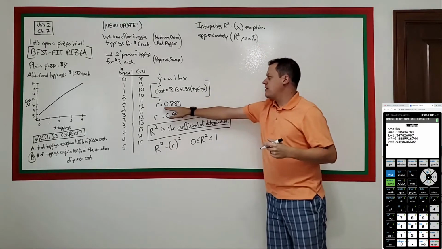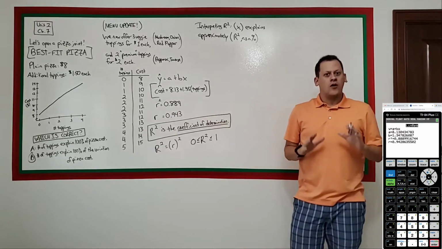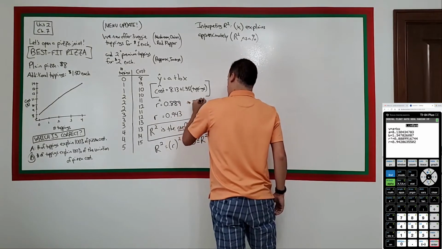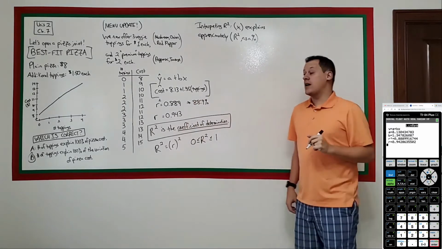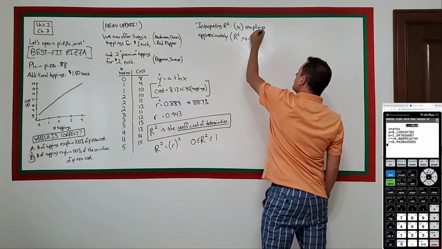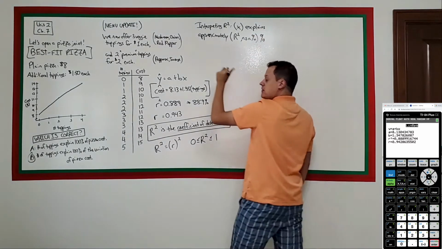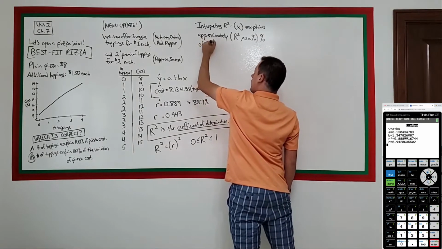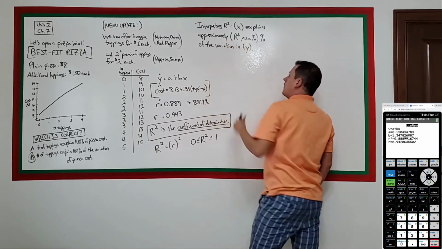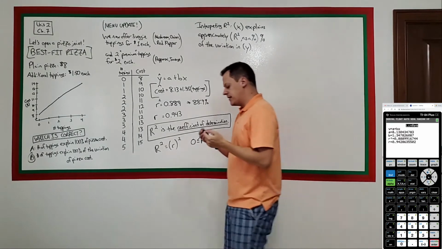R squared, from your calculator, gives it to you as a decimal. We will always report R squared as a percentage. So this is really 88.9%. That's how we would report it in our interpretation. Whatever R squared is as a percent, of the variation in y, whatever y happens to be.